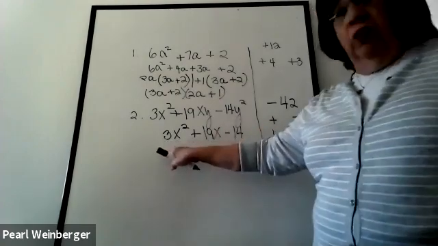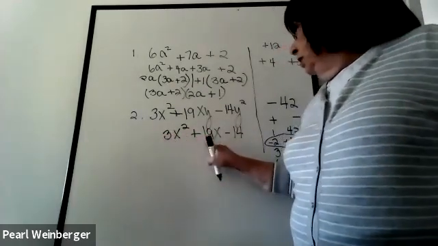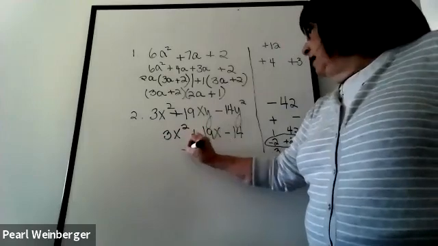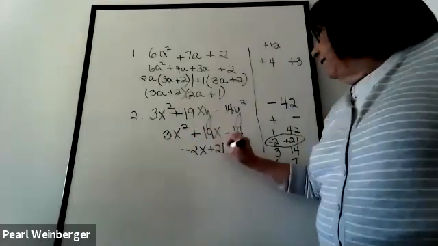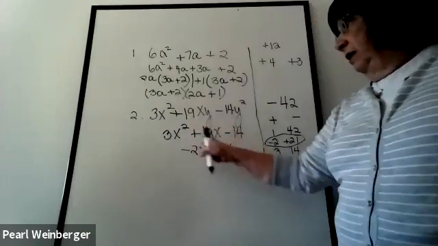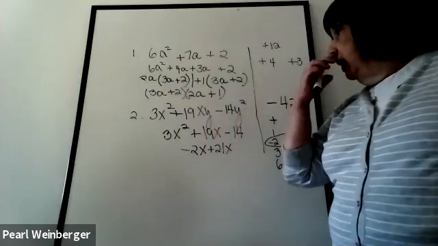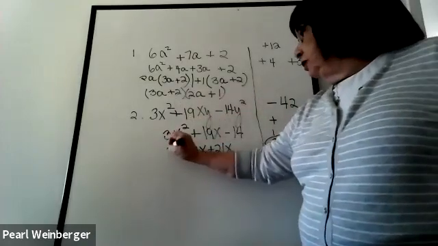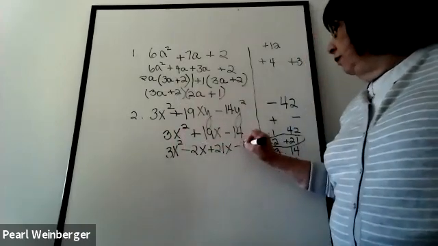So I rewrite the 19x as minus 2x and plus 21x. Remember, negative 2x plus 21x is 19x. And just bring down the first term, the 3x squared, and the last term, the negative 14.